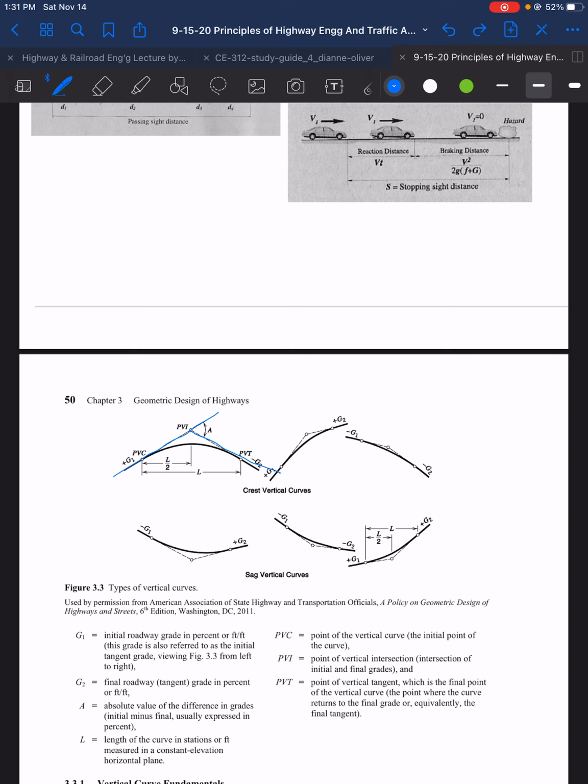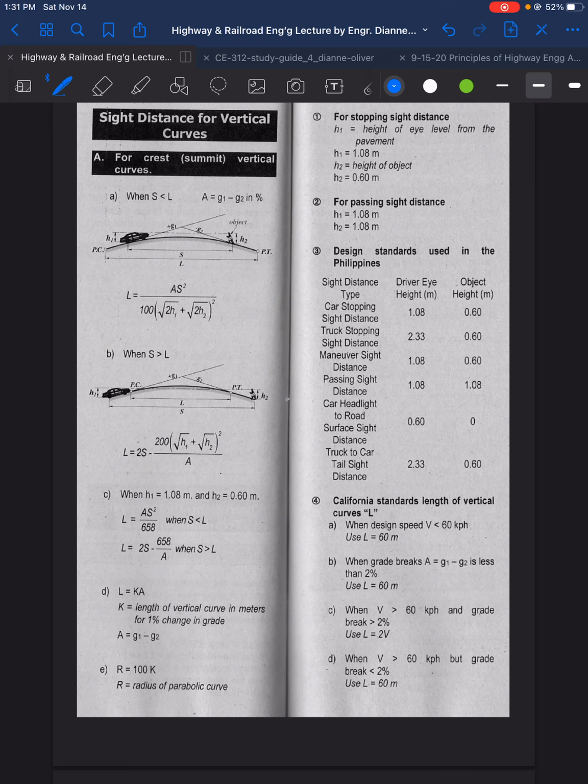Today, we will be discussing the sight distance for vertical curves, and the first one is the crest or summit vertical curves. When the sight distance S is less than the length of the curve L, we will use this formula, where A is the difference in grade, wherein G1 is the first grade and G2 is the second, both in percent.